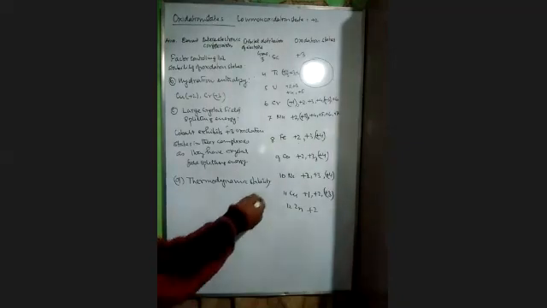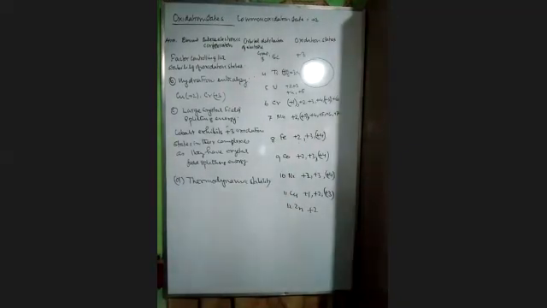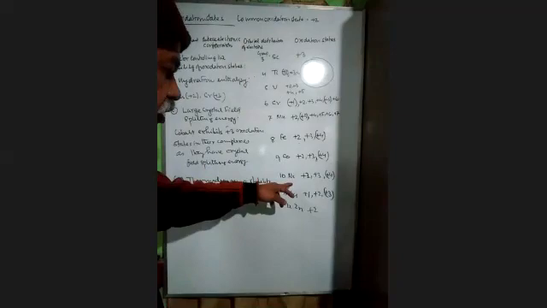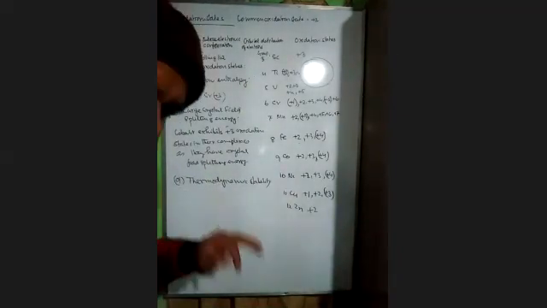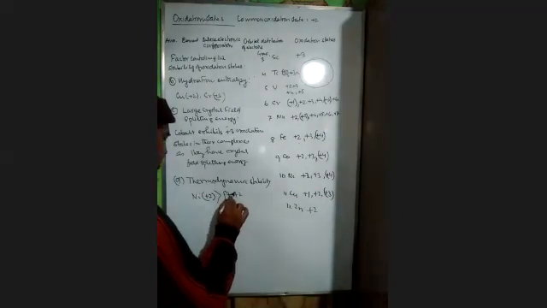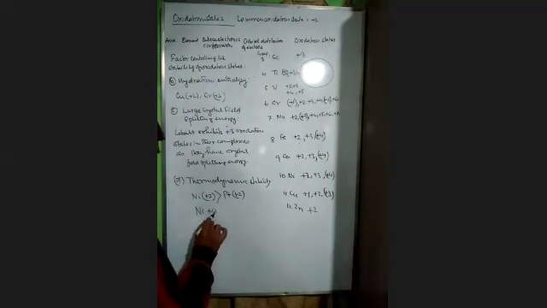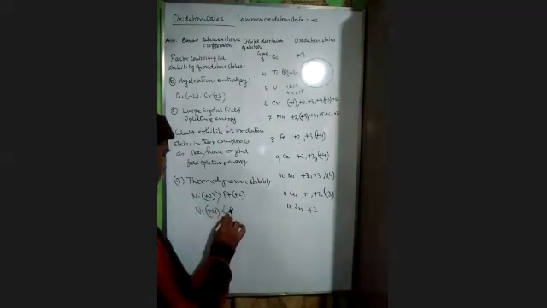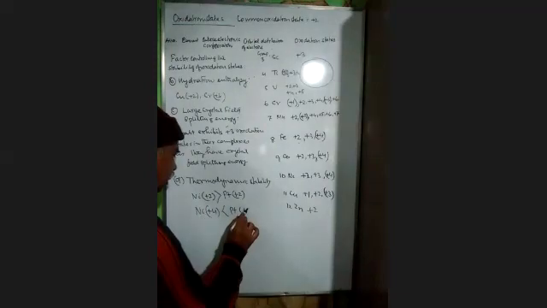Okay, you'll find that this does not exist in this group. It is the 3d series. If you go to the 4d series, exactly below nickel you will have platinum. So we'll find that nickel +2 compounds are more stable than platinum +2. But for nickel +4, they are less stable than platinum.